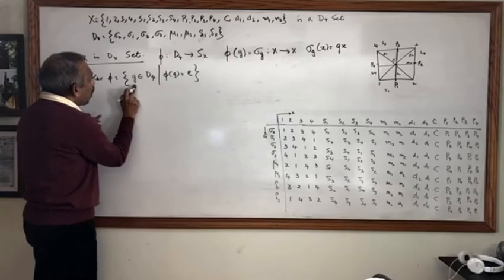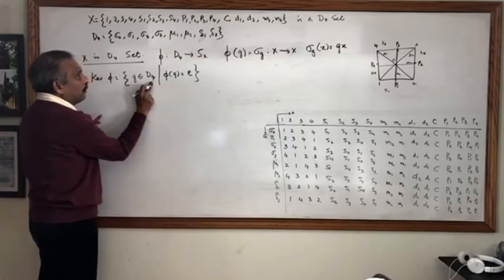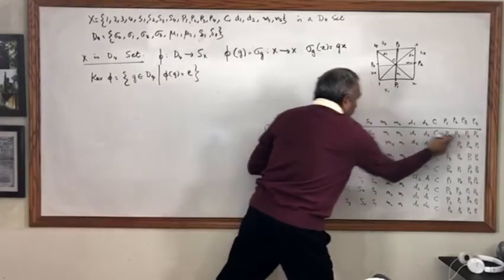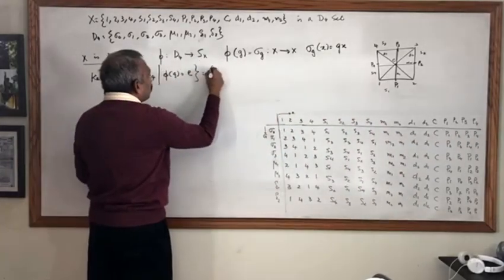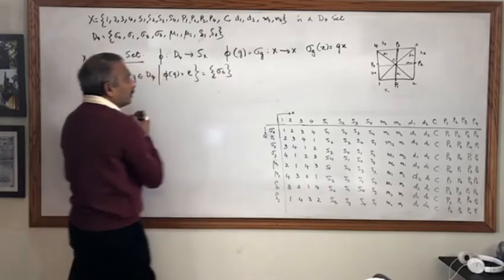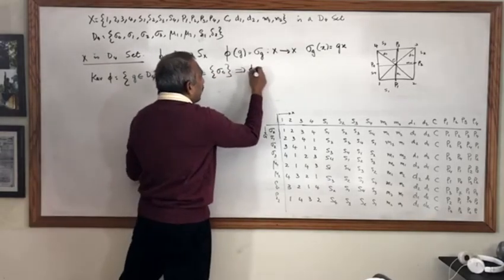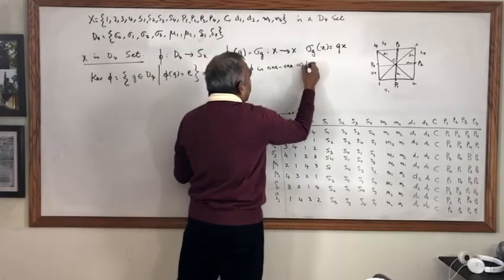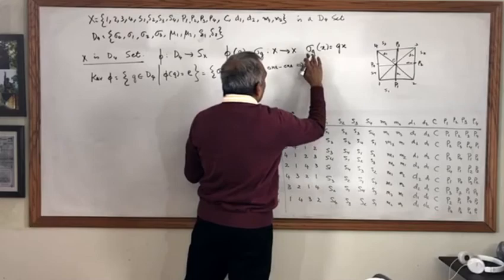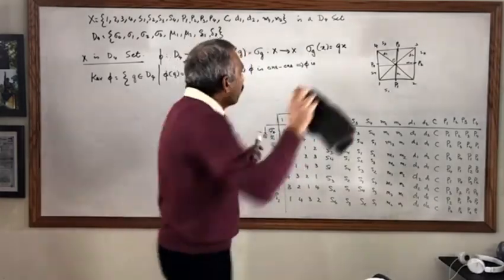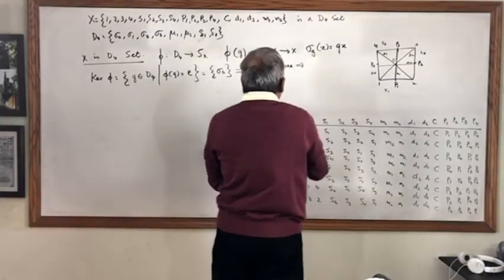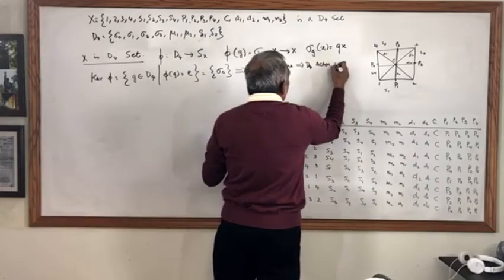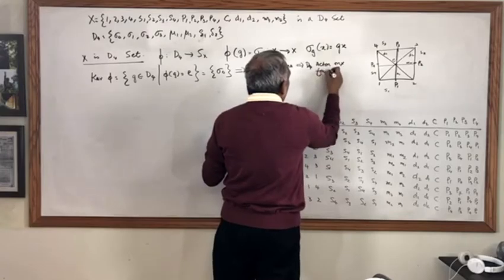And there is only one element in D4 that keeps the element as it is, and that is sigma 0. That implies phi is one-to-one, and that implies D4 acts on X faithfully.